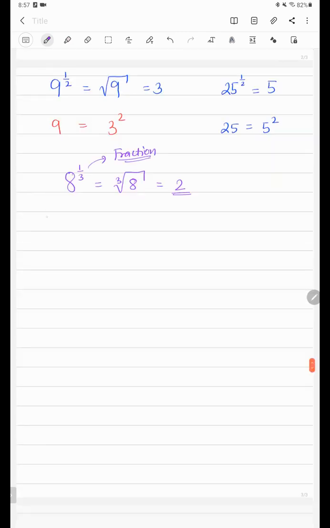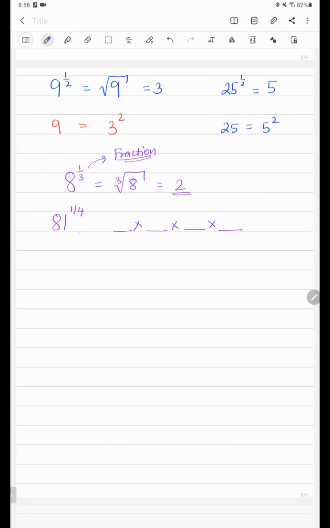Now let's come to that example that we were talking about, 81 to the power 1 by 4. What does this mean? This means that there is going to be a number, and that number multiplied by itself 4 times is going to give you 81.